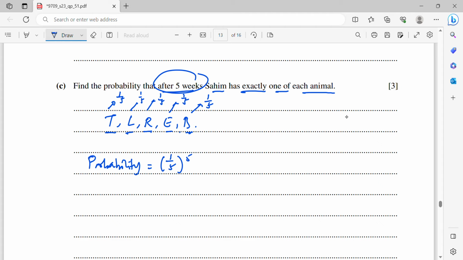That means we need to arrange these 5. Since these 5 are different animals, we have to multiply by 5 factorial, because we are not sure which week is getting the T, which week is getting the L, and so on. Therefore, it can be in any sequence. So this is the working for part C, and you will be getting 24 over 625. Alright, so that's all for part C.